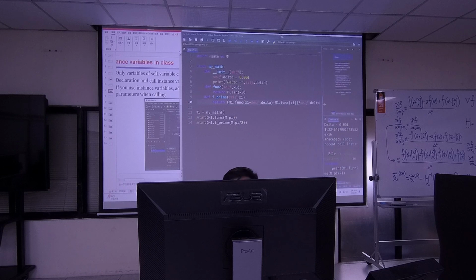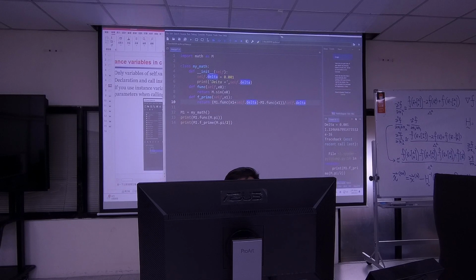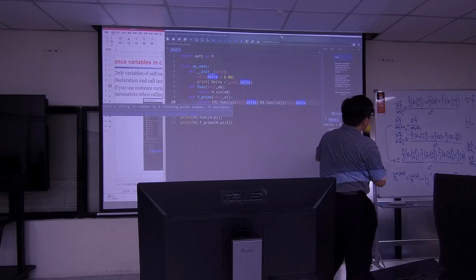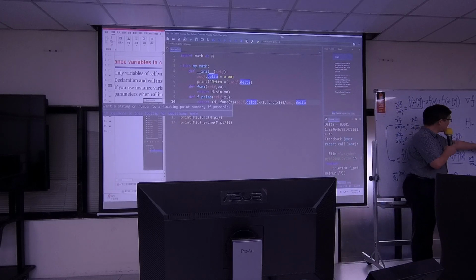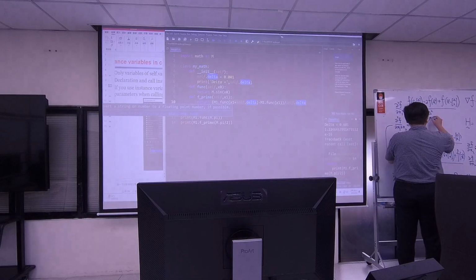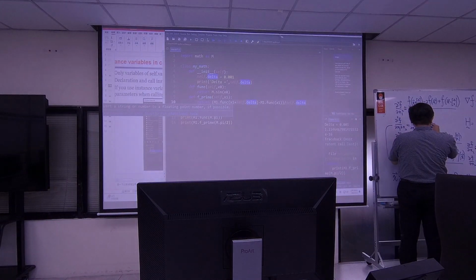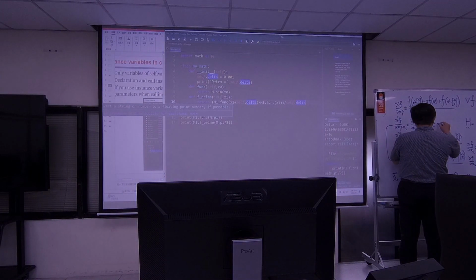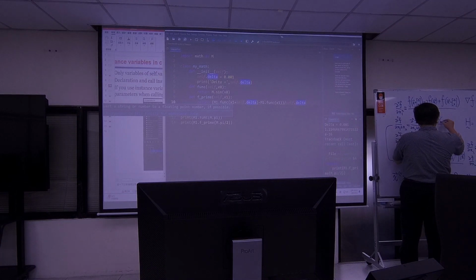Okay. So this is basically an approximation of the f prime. So if you check over here, in calculus, we learned this: limit as delta x approaches 0 of f of x plus delta x minus f of x, divided by delta x.